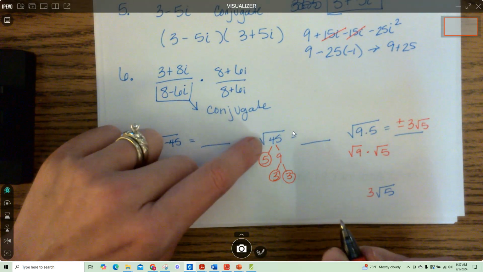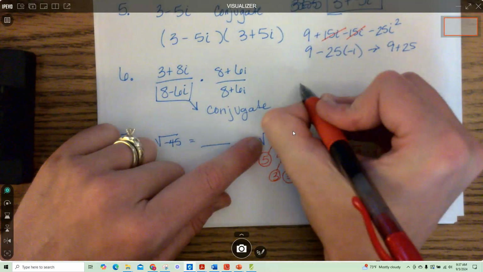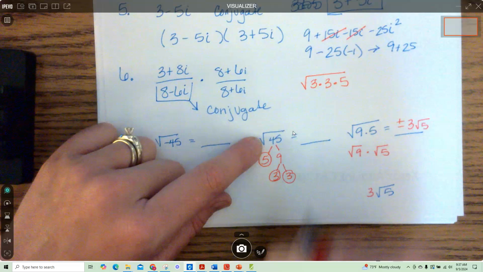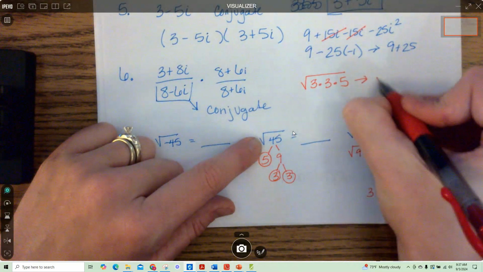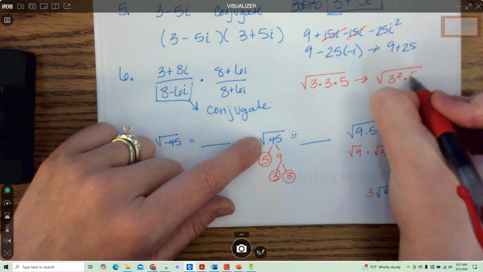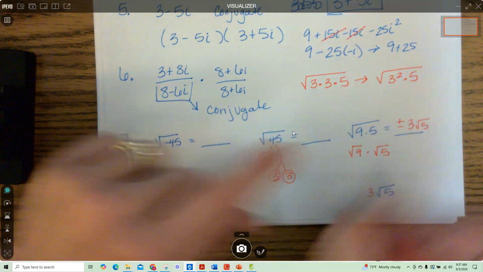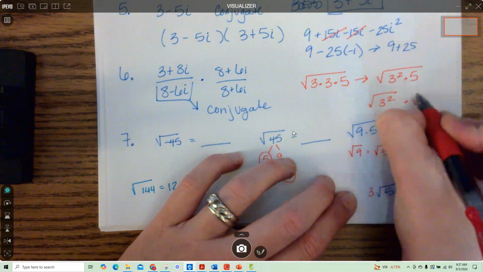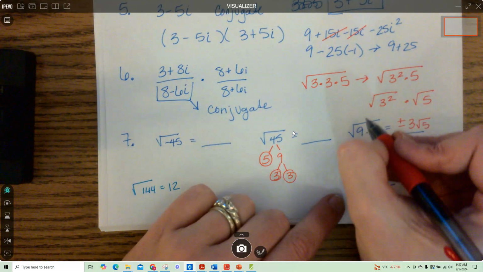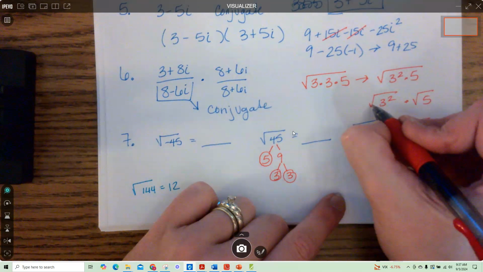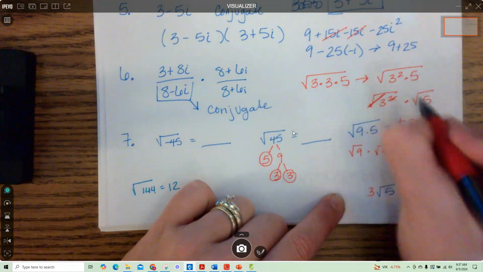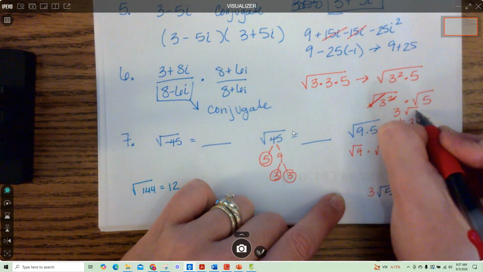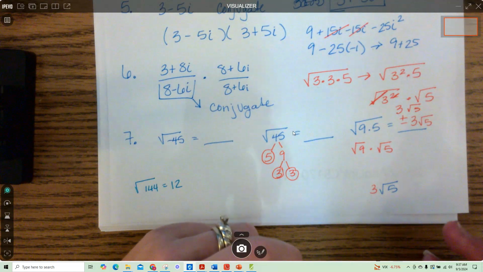So I could rewrite the square root of 45 as 3 squared times 5. And then I can split that radical. What happens when I split that radical, this radical cancels that exponent and I'm left with just a plain old 3, and then I still have the square root of 5 trapped. That won't simplify any further.